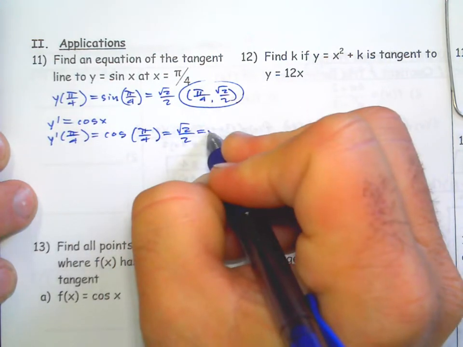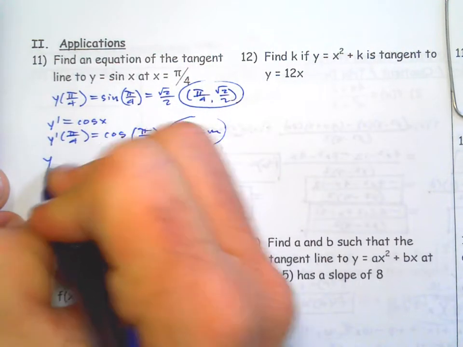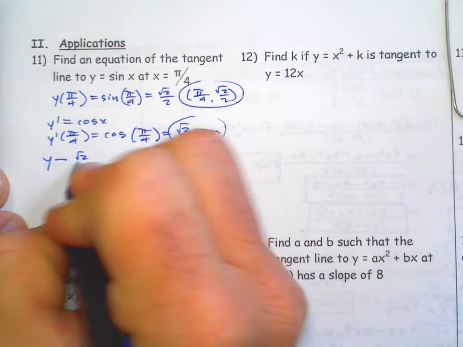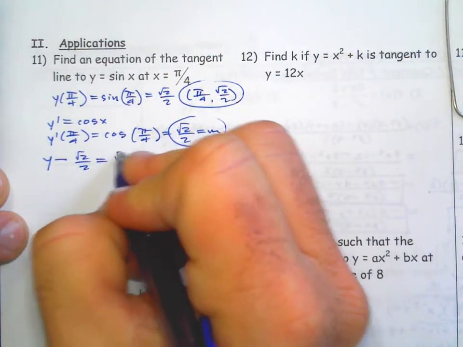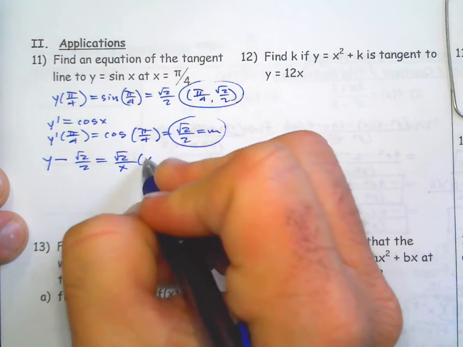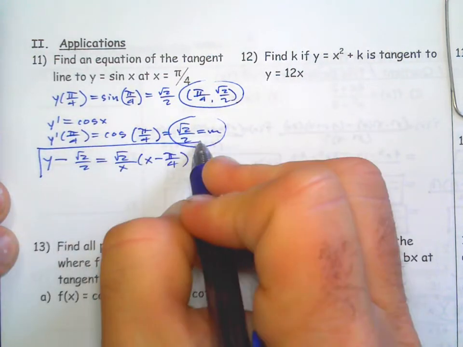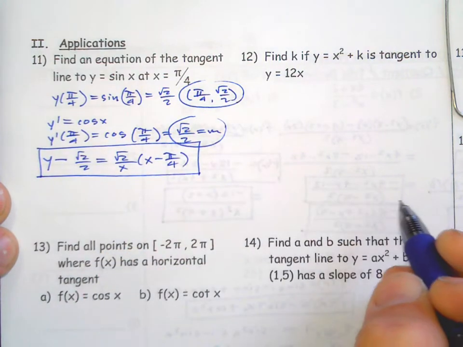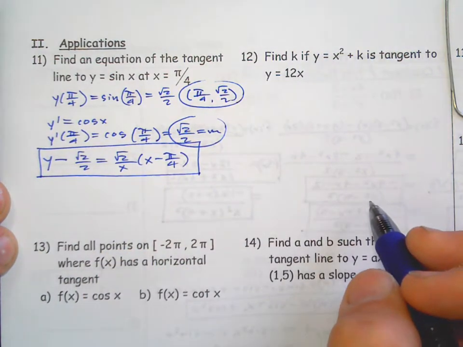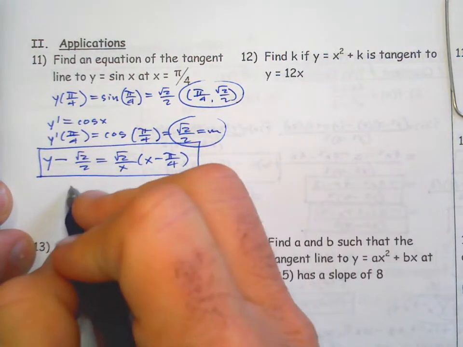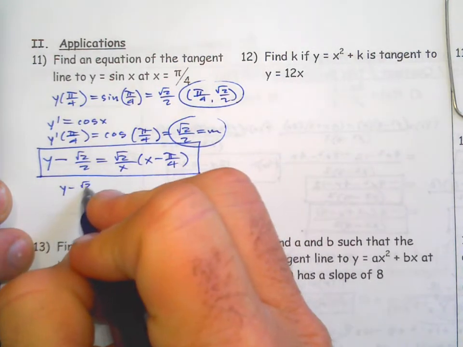So that's your slope. So the equation of the line is going to be y minus root 2 over 2 equals root 2 over 2 times x minus pi over 4. Please just leave it like that. Done. If you really wanted to change it to slope-intercept form, this one's kind of gross. I'll do it for you.